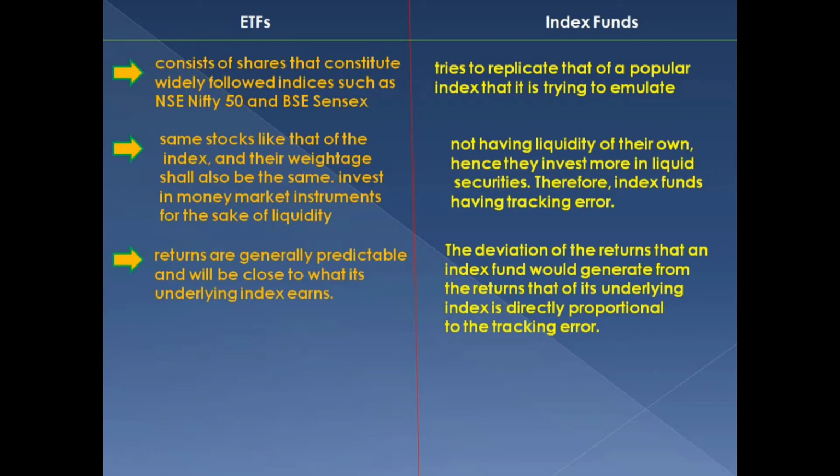If the tracking error is more, then your return will be less. Let's say the index is giving 17% and there is a tracking error of 0.5%, then you will get 16.5%. But in the case of an ETF it will be the same, so there will be no tracking error. So these are the major things. Next we can check.